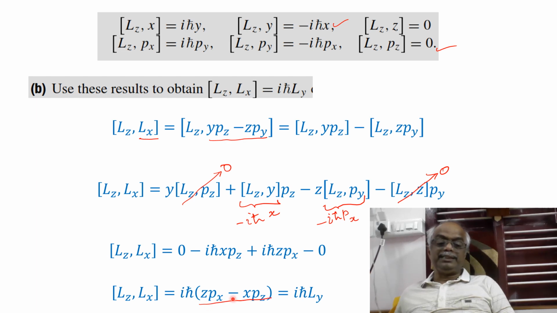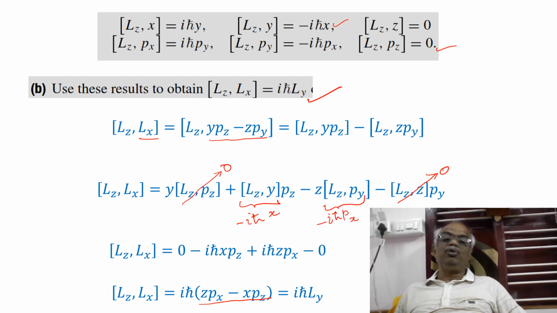Remember that zpx minus xpz, naturally this will be Ly. So this will become iℏ cross Ly. So we have proved this.